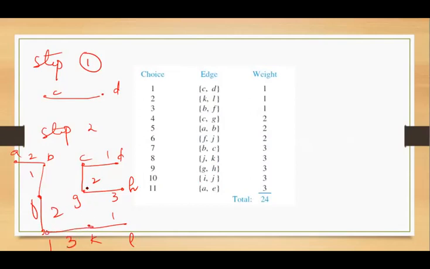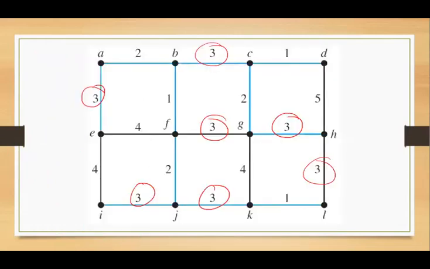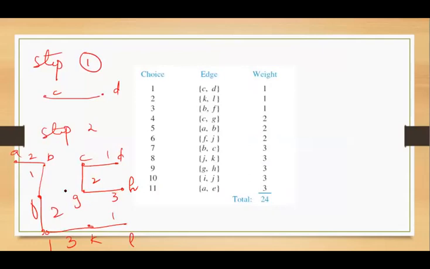If I take either GK or HL, it will form a circuit and it should not. So I am also taking FG. Did I draw BC? Yes, over here BC is 3. I have joined JK, GH, IJ. So I is over here.